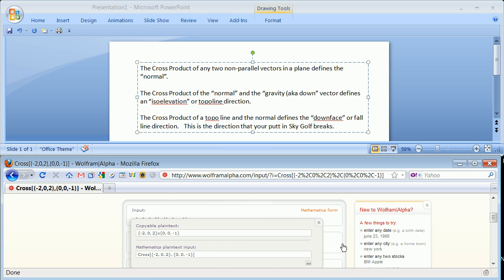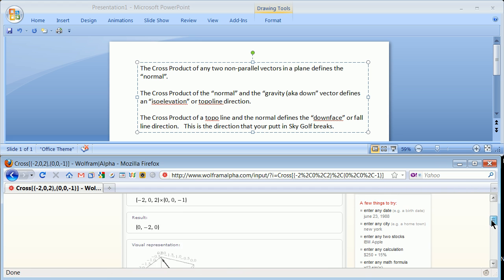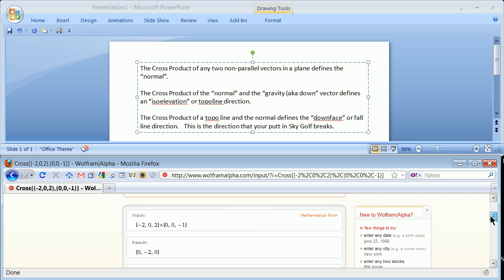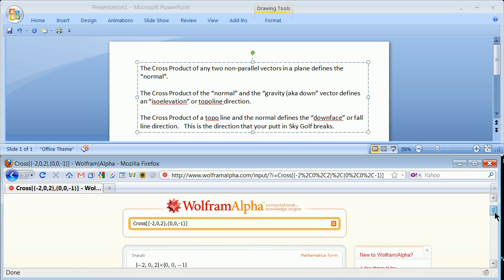You notice this is how it comes in. I'm going to now multiply the result: -2, 0, 2 times 0, -2, 0. Go back up to here, 0, -2, 0. Alright, and we'll see what we get.